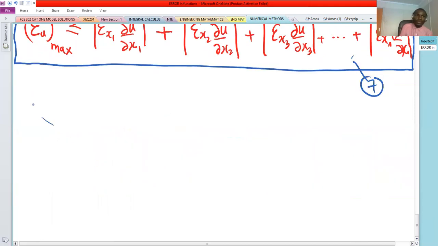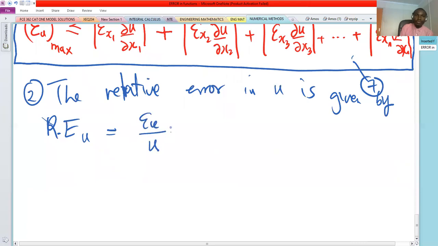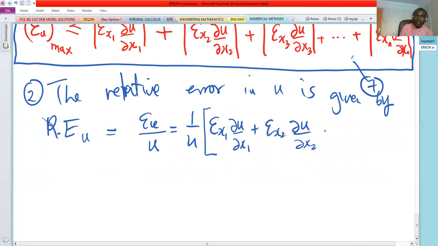And then note number 2, the relative error in u is given by: relative error in u equals error in u divided by the actual value of u, which will be given by 1 over u into error in x1 partial u partial x1 plus error in x2 partial u partial x2 plus up to error in xn partial u partial xn.